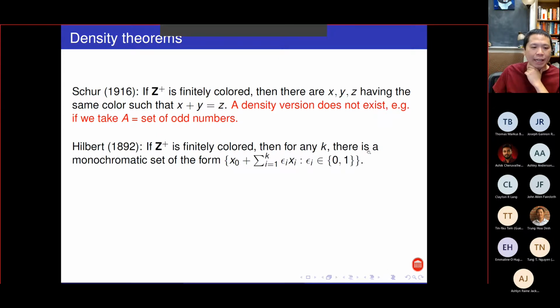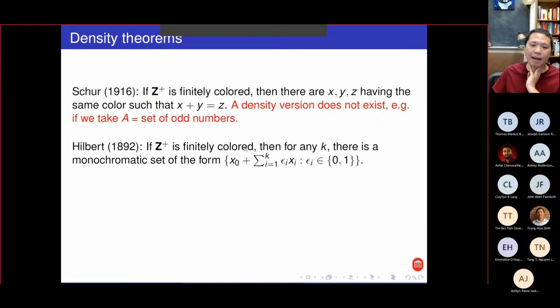So let's now look at Hilbert's theorem. Hilbert says that if you finitely color the integers, then for any k, you can find a monochromatic translate of a cube of dimension k. So what do you think? Is there a density version of this theorem?